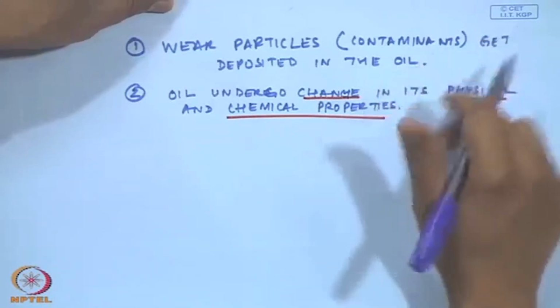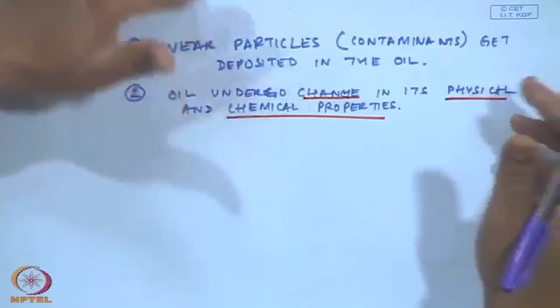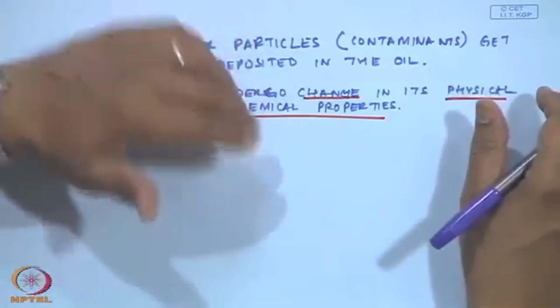So, if somebody monitors these properties, we will know that something has gone wrong with the machine.